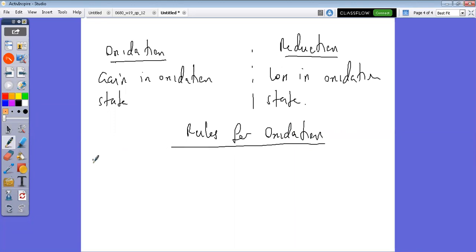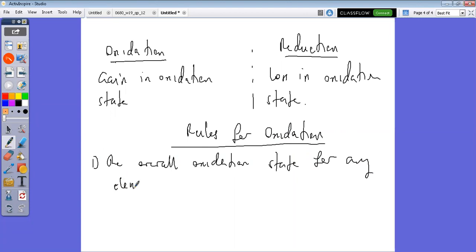Number one: the overall oxidation state for any element, molecule, or compound is 0.